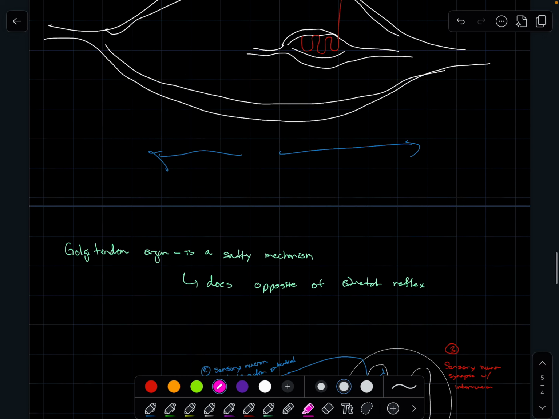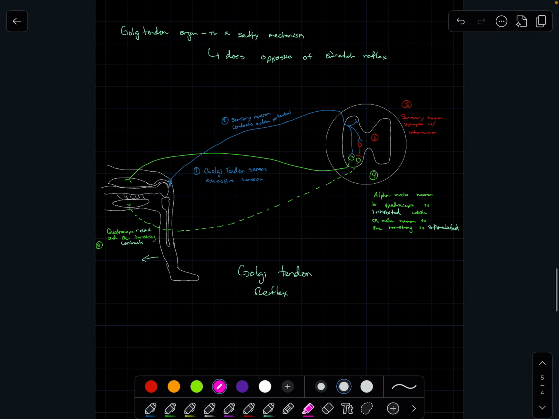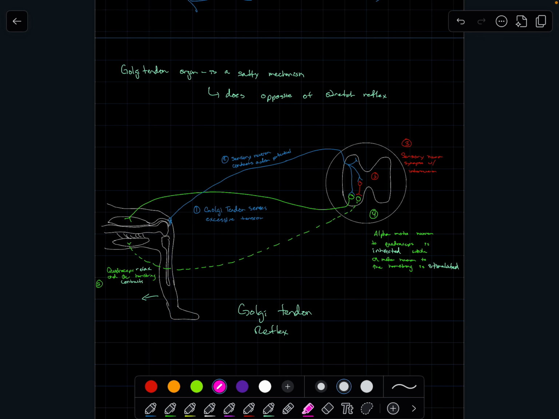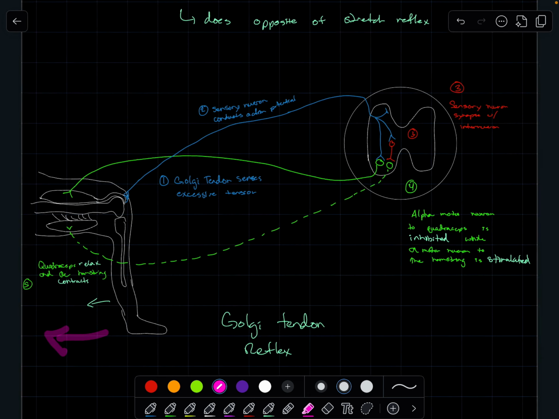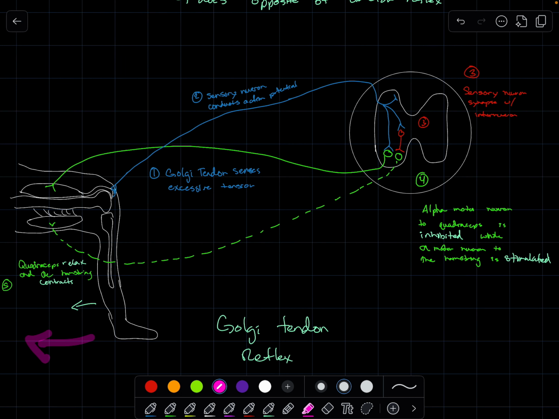Now we'll take a look at the Golgi tendon organ, which is basically a safety mechanism that does the opposite of the stretch reflex. So if it does the opposite of the stretch reflex, that means we're going to do flexion. So that means we'll go this direction. However, it's really interesting. Right here on the tendon, the Golgi tendon organ senses excessive tension.